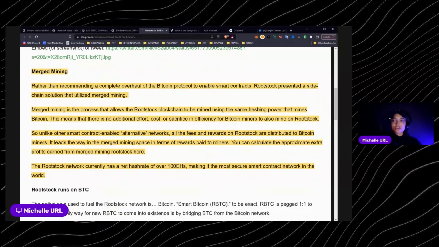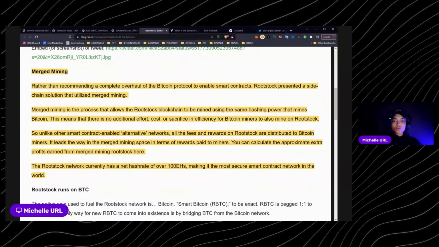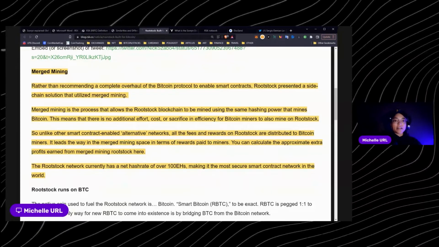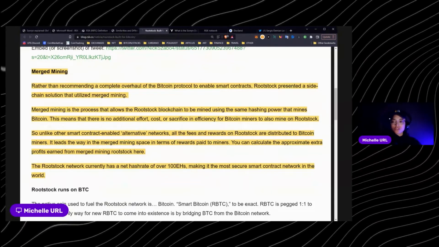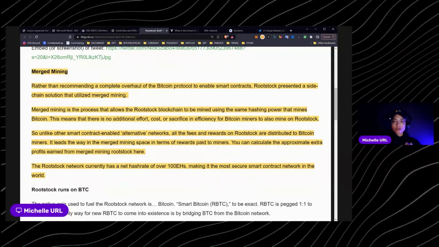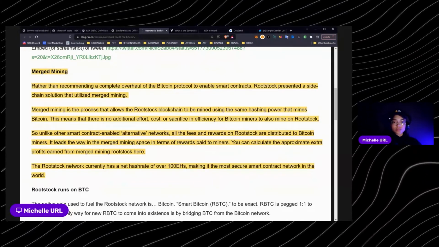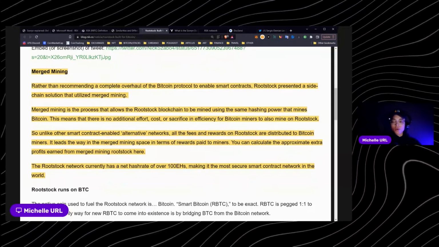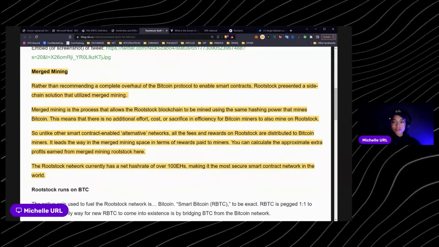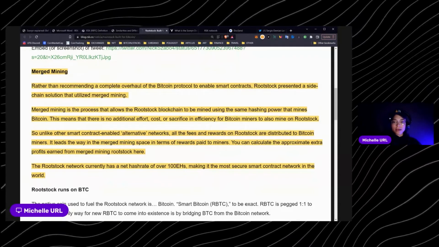This means that there is no additional effort, cost, or sacrifice in efficiency for Bitcoin miners to also mine on Rootstock. So, unlike other smart contract-enabled alternative networks, all the fees and rewards on Rootstock are distributed to Bitcoin miners. It leads the way in the merged mining space in terms of rewards paid to miners.